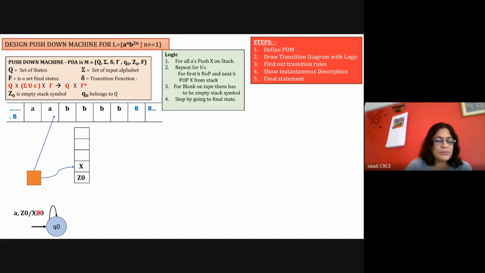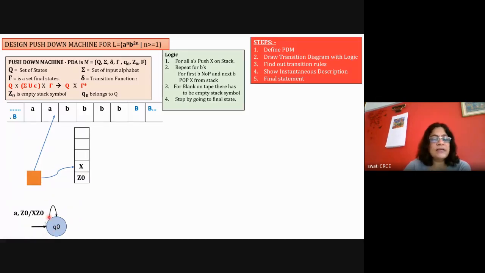So in case of a pushdown machine, when you draw the transition diagram, how to interpret this transition: in the state Q0, that is the current state, if you get A as an input symbol on the input tape and Z0 on the stack, this Z0 is replaced with XZ0. So the last two symbols are XZ0, which means it is a push operation, and the state is remaining the same. So the machine is remaining in the state Q0.